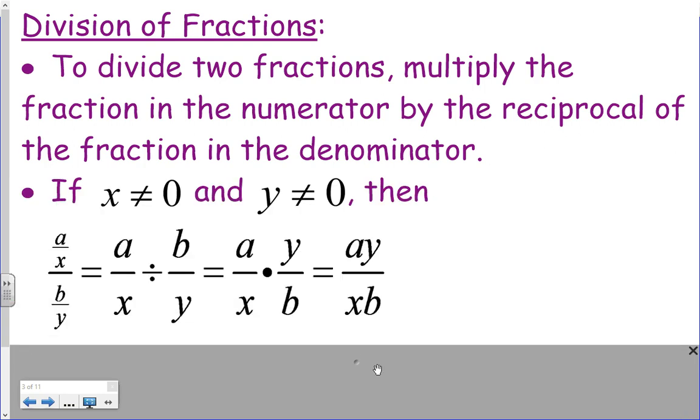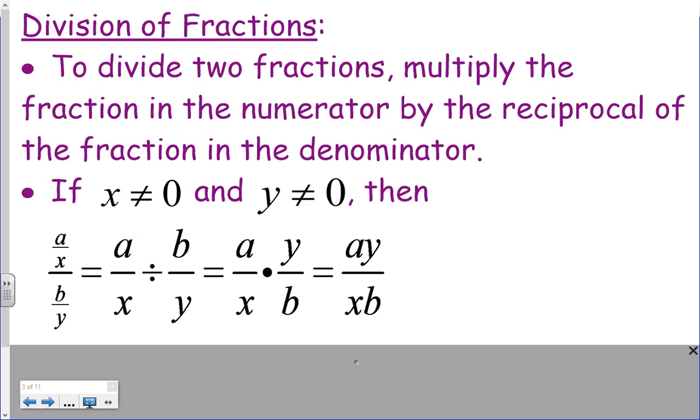Or to put it another way, again assuming that x and y are not 0, otherwise we'd be dividing by 0. But if x and y are not 0, then if you have a over x divided by b over y, you could rewrite that using the division sign. I don't like writing it that way myself, but nonetheless, you'll see some problems written this way.